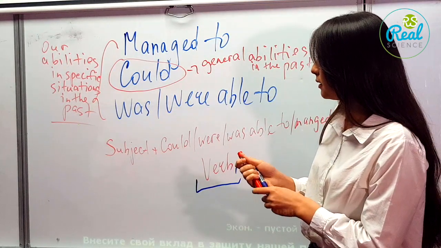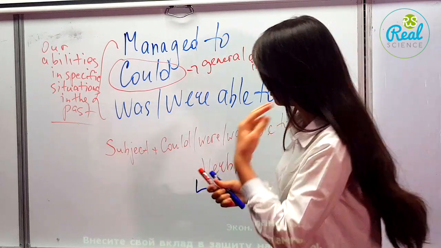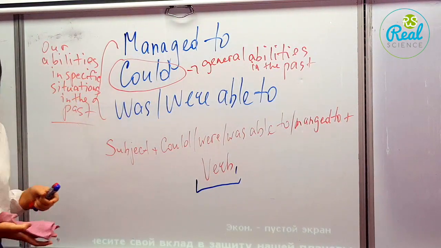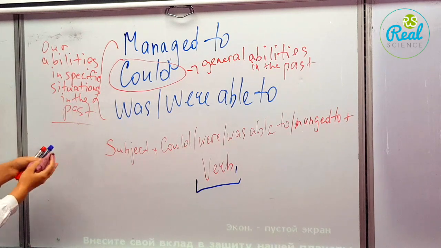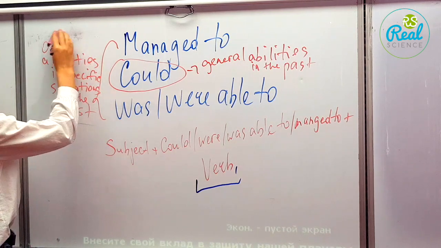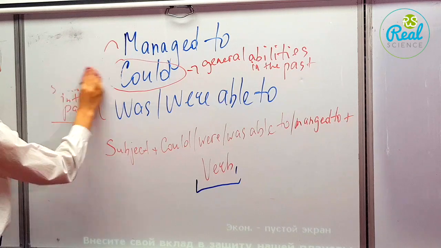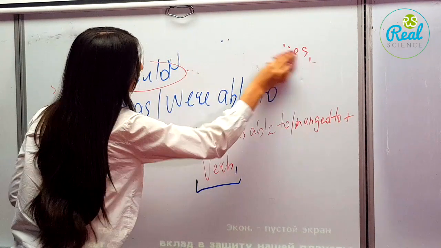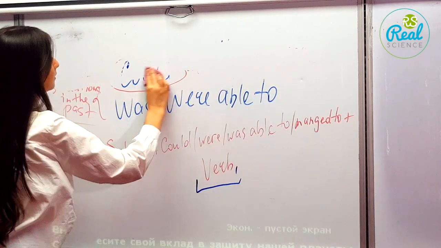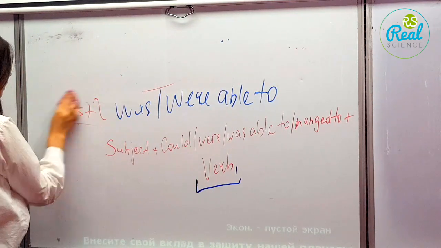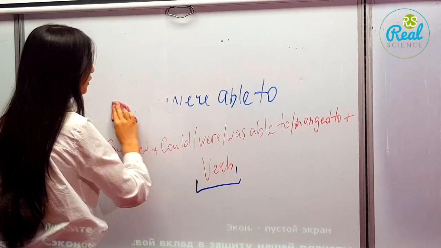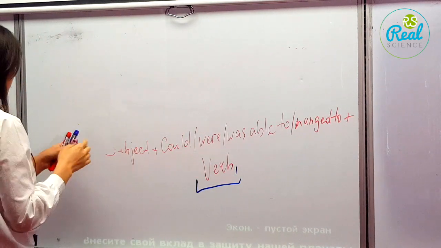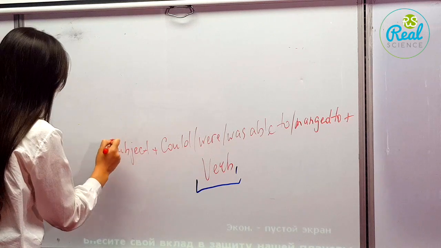So now let's talk about some examples. I will write here some examples. Can I erase the rest? Yeah, sure. Okay, so I will erase this. The first one. Now, first of all, I expect from you the first example for general abilities. Can you give me an example, general abilities?